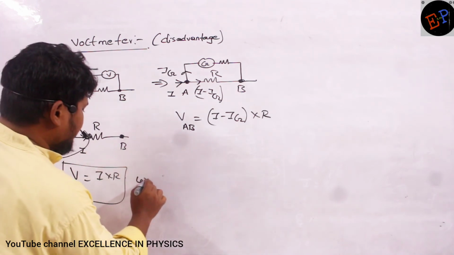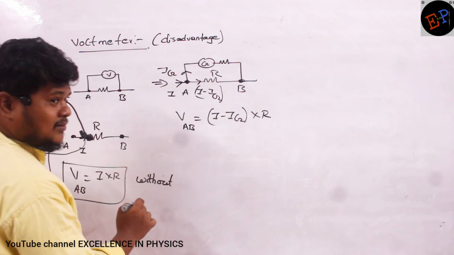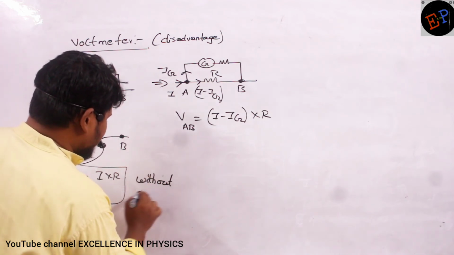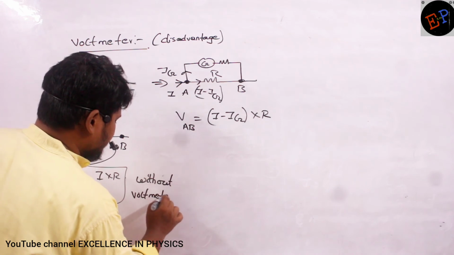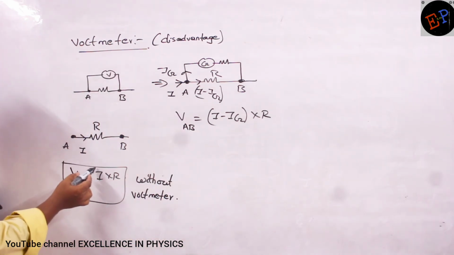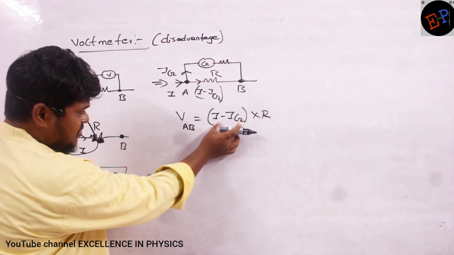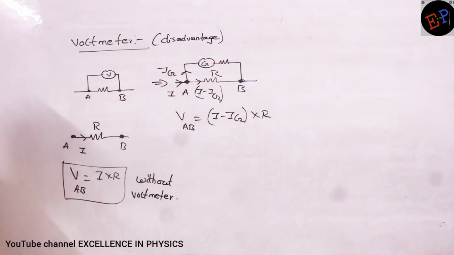Without voltmeter, current is total current, but with voltmeter, current has reduced. Because current has reduced, potential difference also reduces.